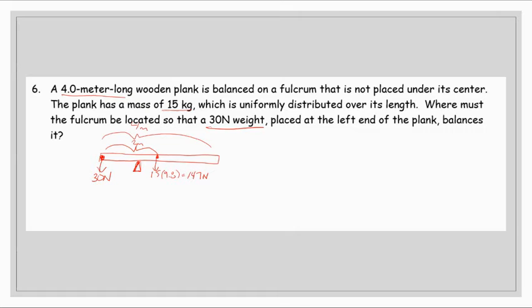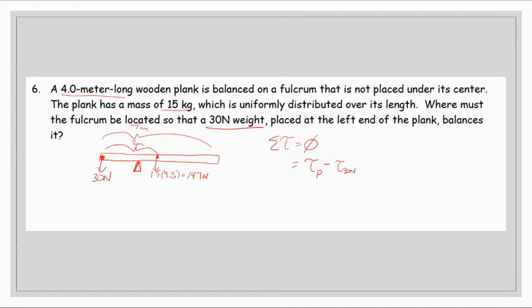So here I have my sum of torque. Remember, that's the first thing we need to consider, and it is equal to 0. What are my torques going to be? I have the torque of the wood plank and the torque of my 30 Newton weight.